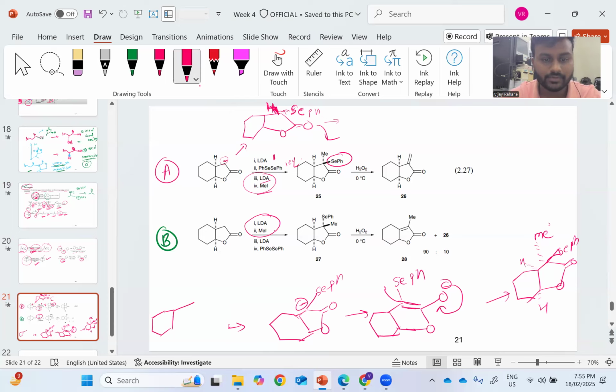So if I just draw the structure of the previous one, initially it was like this, right? So this is for this, right? Initially it was like this, right?